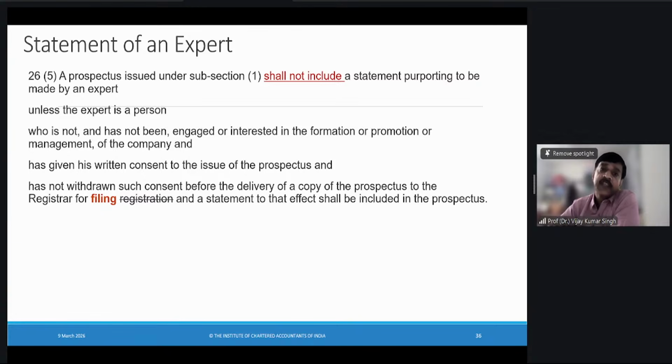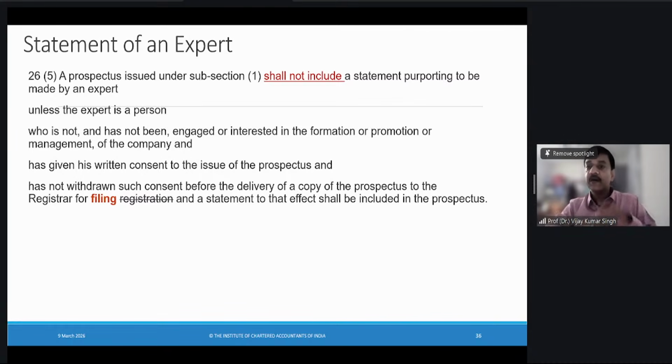In all these situations, you want to make your case of raising capital from the public by an explanation from the expert. Okay. So if you utilize that particular expert, then this provision says that a prospectus issued under subsection 1 shall not include a statement purporting to be made by an expert unless the expert is a person.